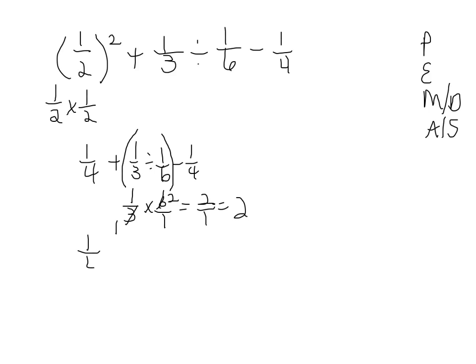Rewrite your problem as 1/4 plus 2 minus 1/4. Okay. 1/4 plus 2 is 2 and 1/4. Got it? Then 2 and 1/4 minus 1/4 is 2. Bam. Okay?